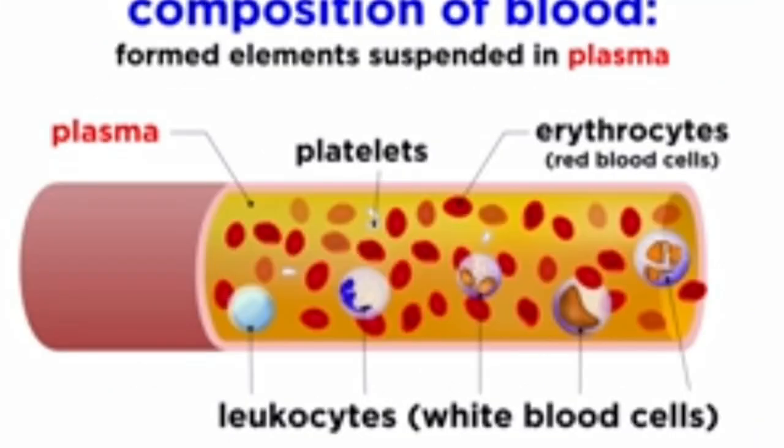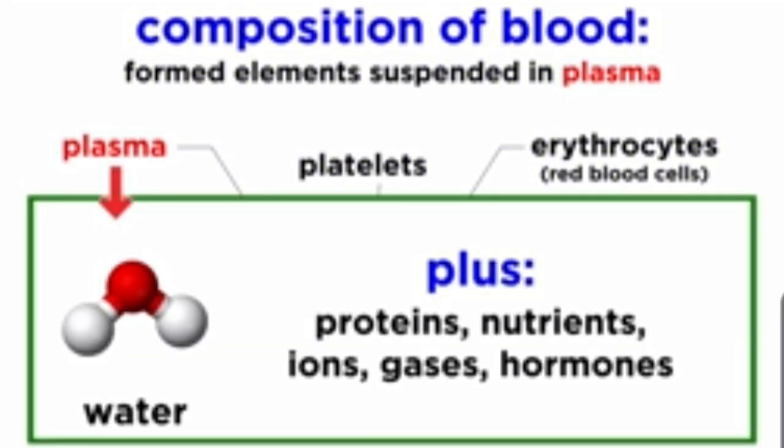Let's discuss each component of blood now, beginning with plasma. This is a straw-colored fluid made mostly of water, but also containing a variety of proteins, nutrients, ions, gases, and hormones.